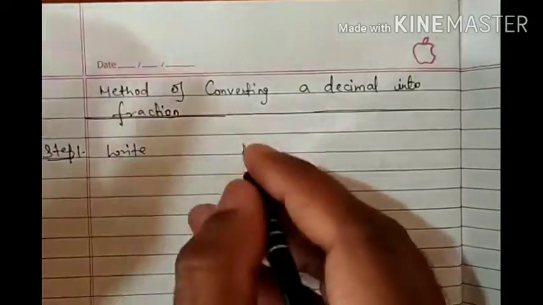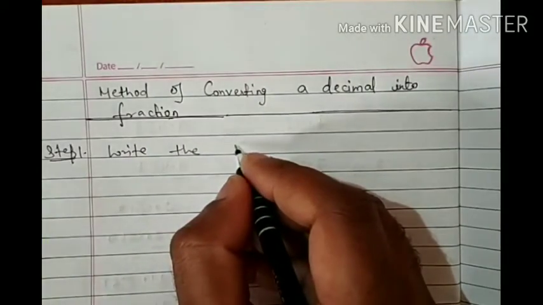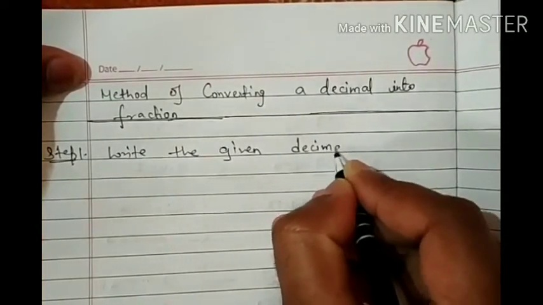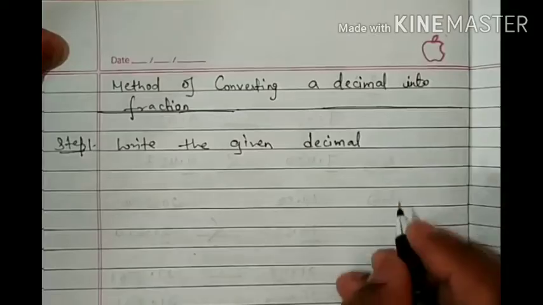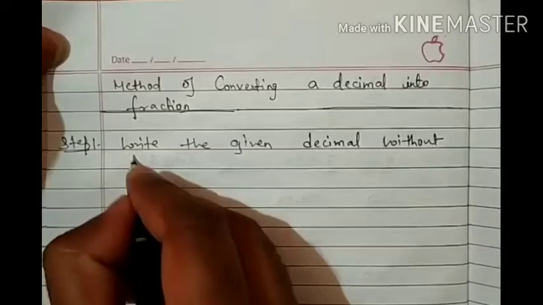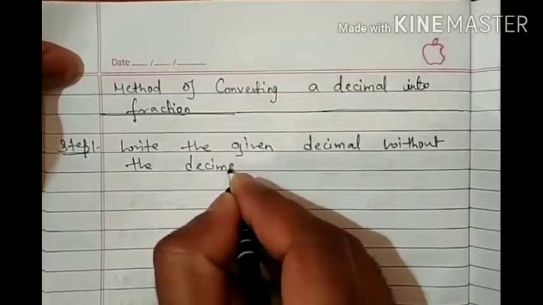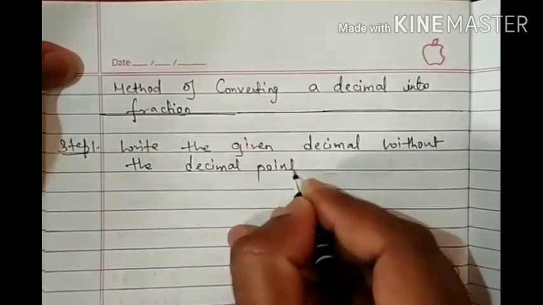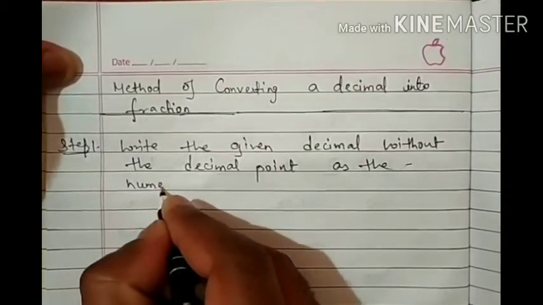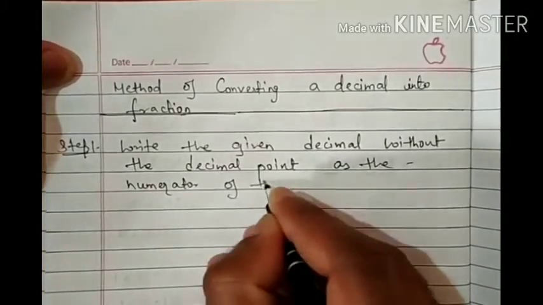Step 1: Write the given decimal without the decimal point as the numerator of the fraction.